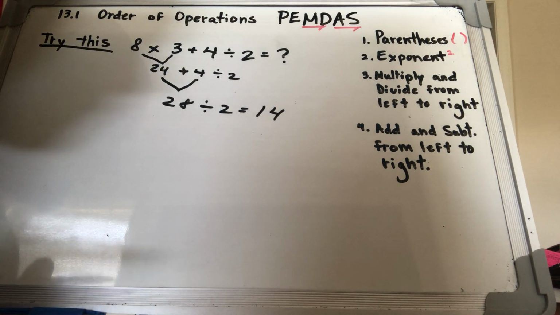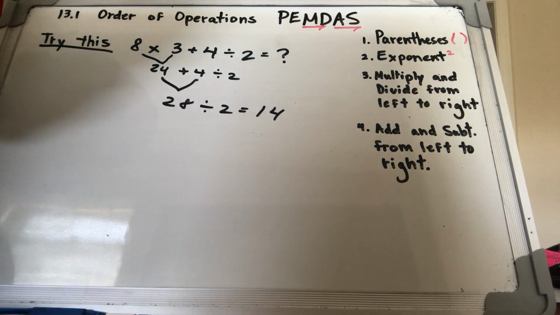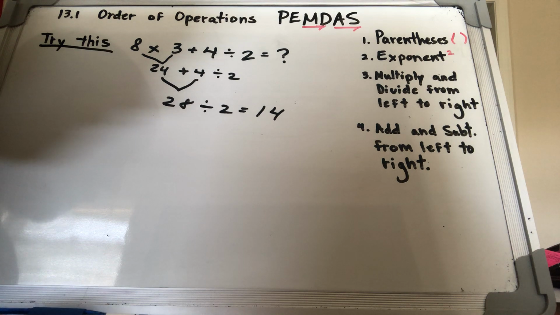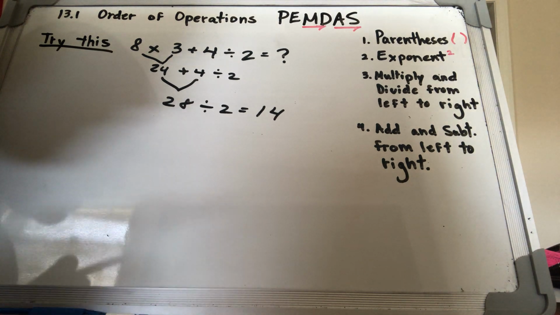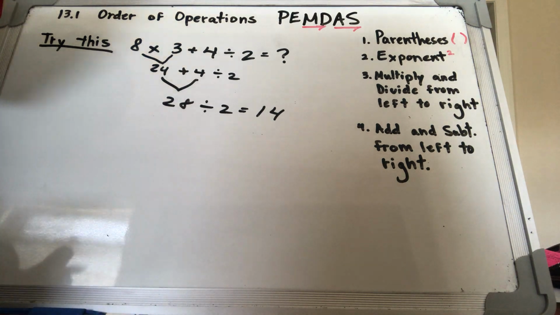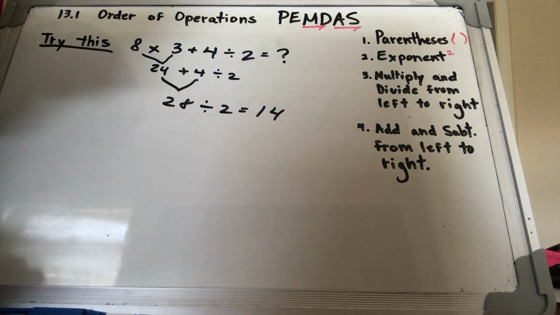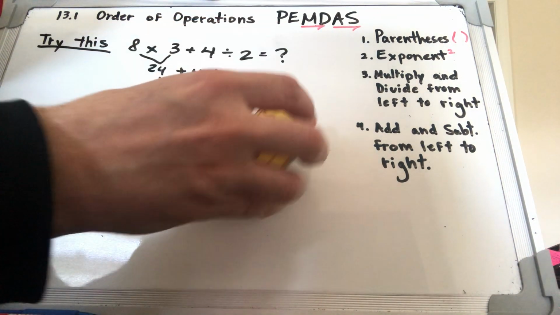So, although this might look correct, it is completely wrong. And my numbers are all correct, but I did not follow the order of operations. So, we cannot solve problems from left to right.